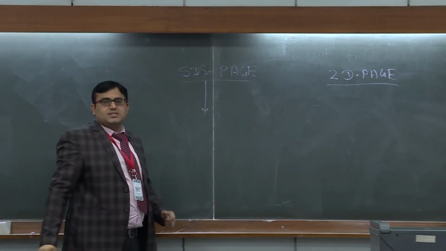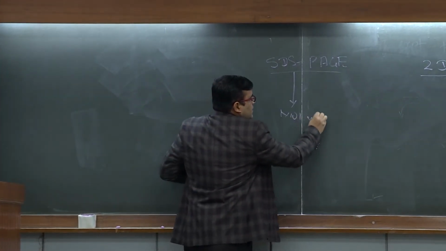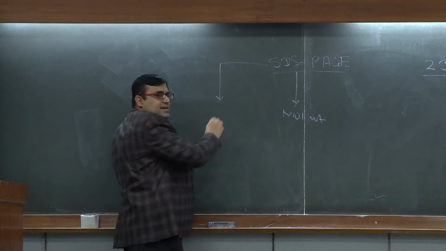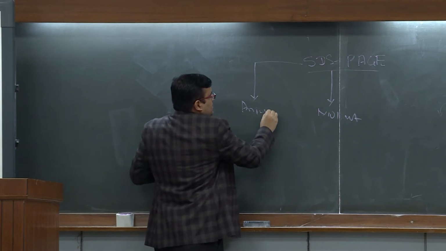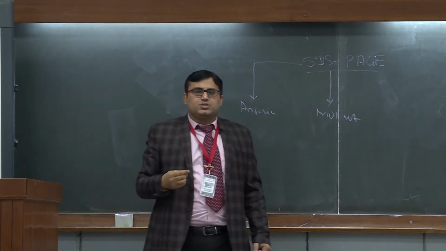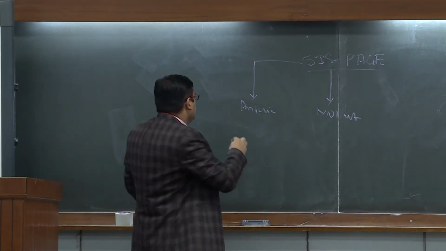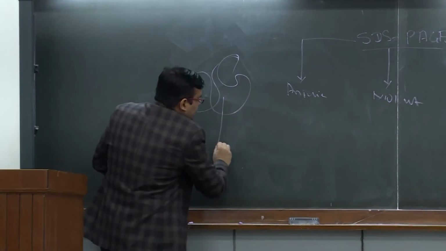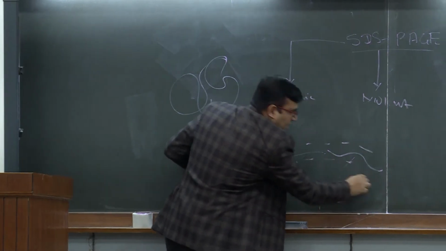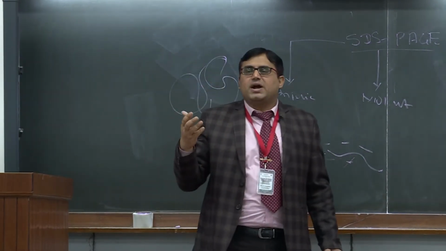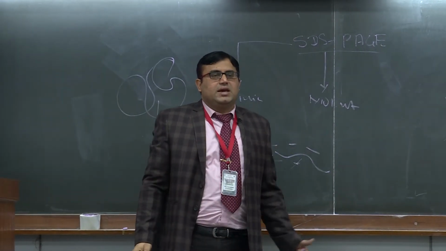As I told, in case of SDS Page, the basic principle is molecular weight. As the name stands, SDS has come from sodium dodecyl sulfate, which is basically an anionic detergent, right? This SDS has a very peculiar characteristic: suppose this is your functional protein, when you add the SDS, it will linearize your protein with a uniform charge, or the charge is unified when you treat your structured or functional protein with anionic detergent.